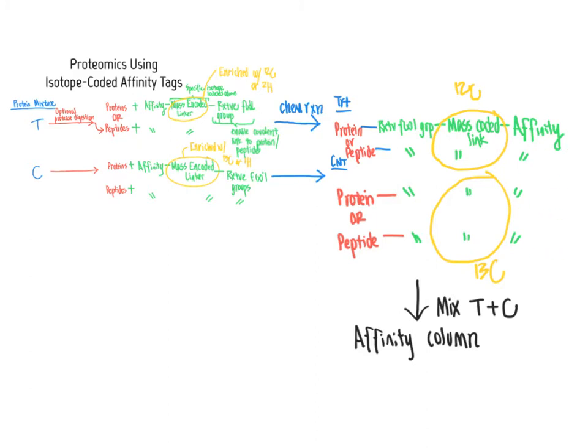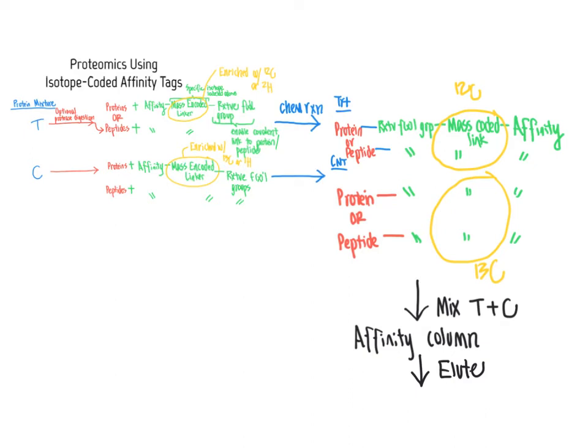And so hence, through that affinity column, all of the biomolecules, such as untagged proteins, lipids, nucleic acids, and so on, will flow right through the column very quickly, except for the proteins or peptides that have the affinity tag. Those with the affinity tag will more strongly adsorb to that stationary phase of the column, and eventually, using specific buffers, will be eluted from the column, meaning will be released from the column.